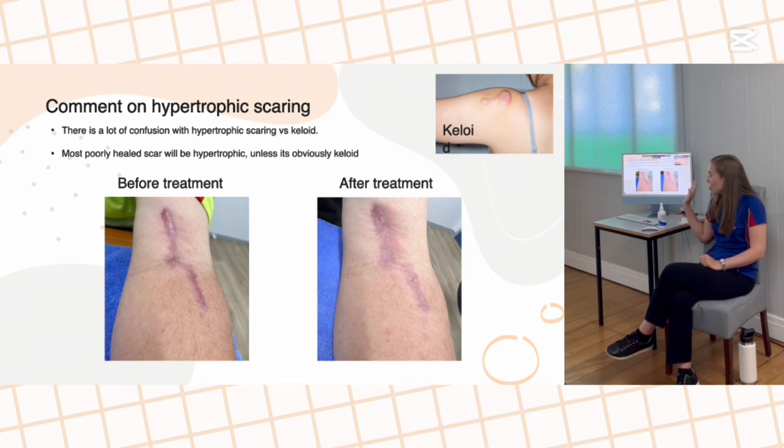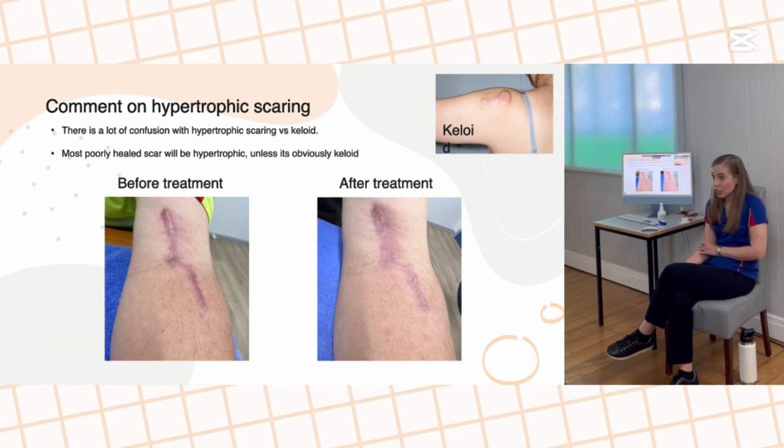I get a lot of confusion with patients and sometimes GPs about what is hypertrophic and what's a keloid. This bloke here was referred as a keloid scar after a distal biceps repair. I didn't do his rehab in terms of the biceps, but he was referred more for scar management, and it was very thick.